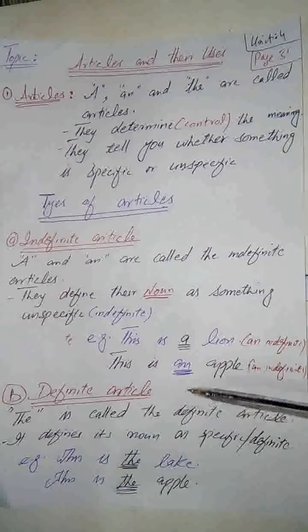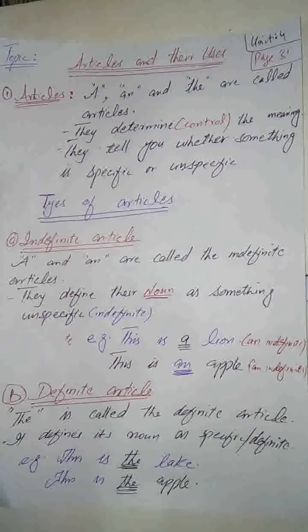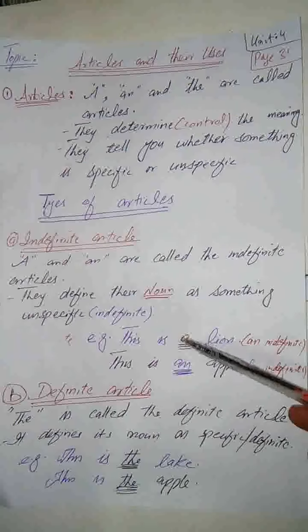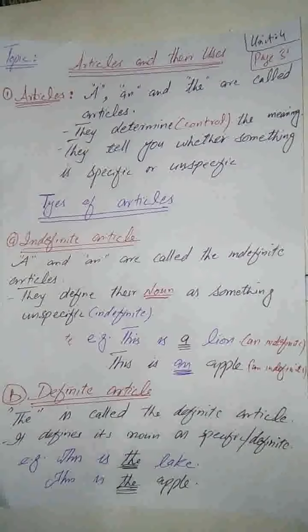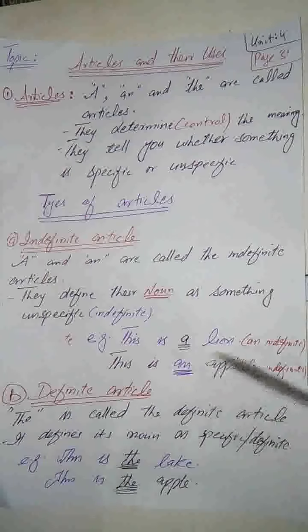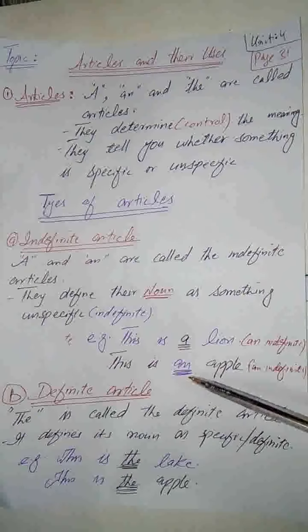You have to use the when it is known to the reader. Okay, we have a in this sentence and an in this sentence. These two are articles. So why do some words take a while some words take an?